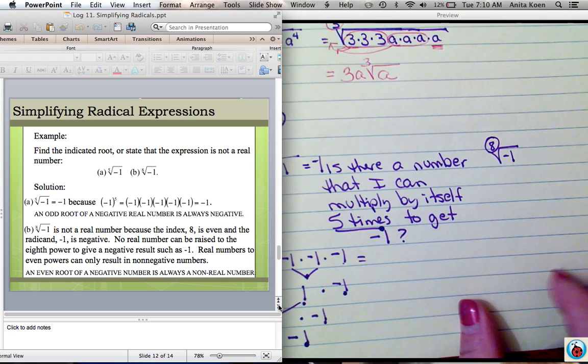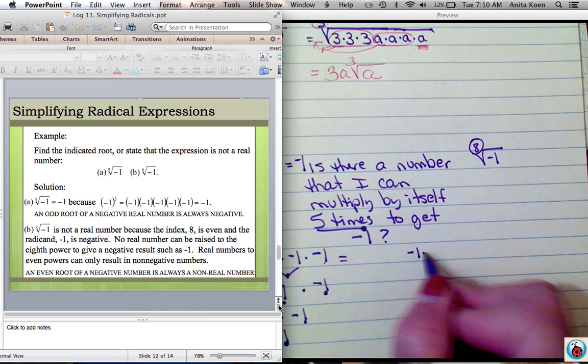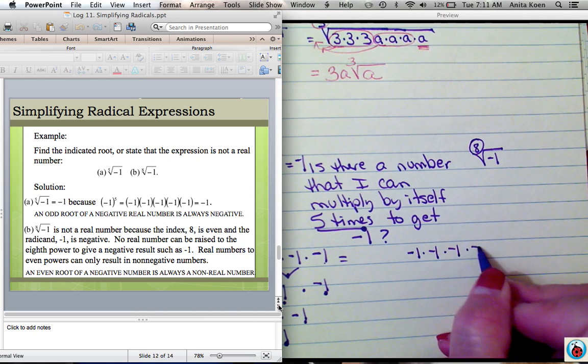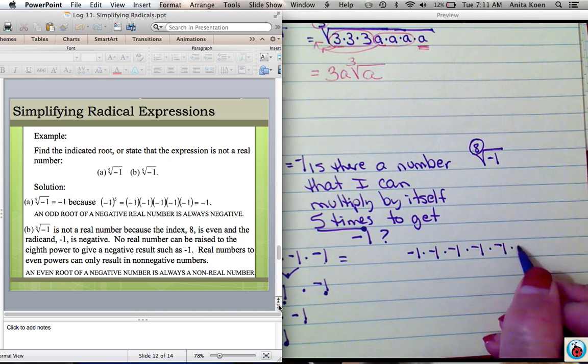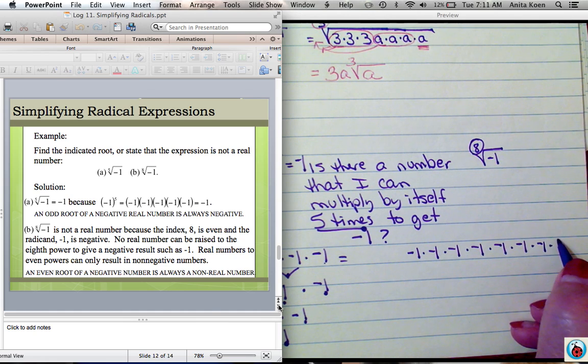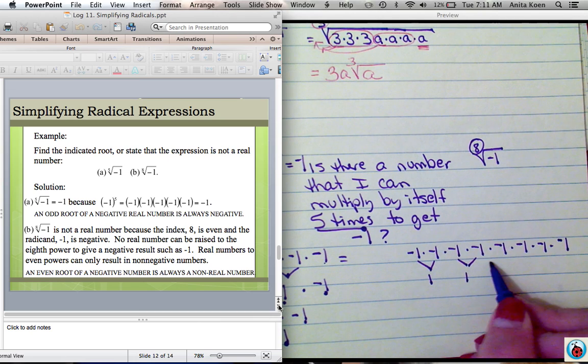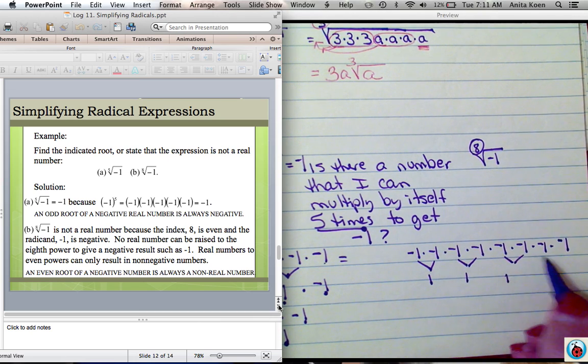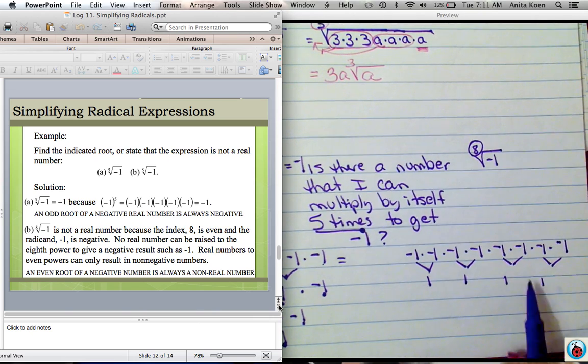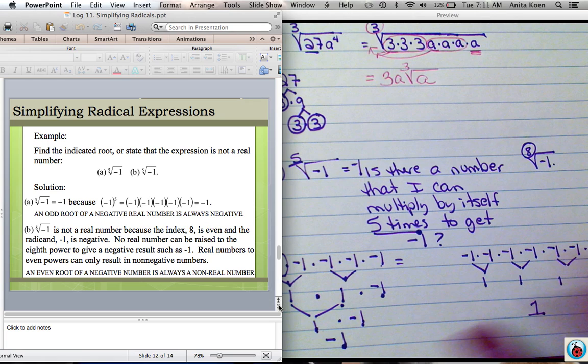And if I multiply 8, 6, 7, 8, this is going to give me 1, 1, 1, and 1. Anytime I multiply an even number of negatives, I'm always going to get a positive answer. So there's no way I can get a negative when I have an even index.